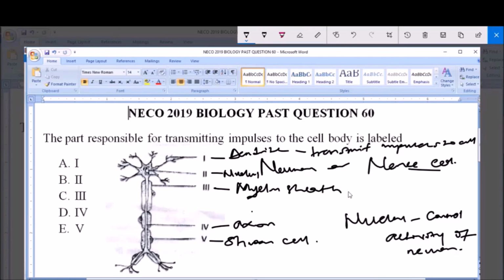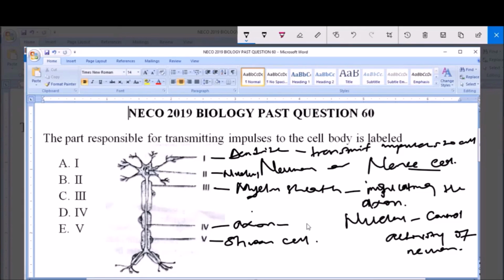Now, III is the myelin sheath, and the myelin sheath is responsible for what? For insulating the nerve fiber, that's the axon. It is responsible for insulating the axon, which is the nerve fiber, and it also increases the speed of transmission. Now, IV here is the axon.